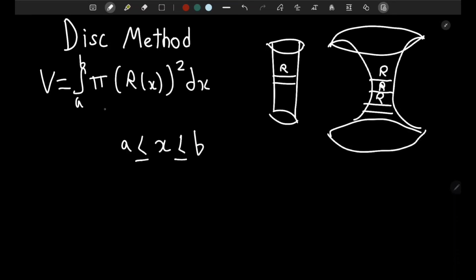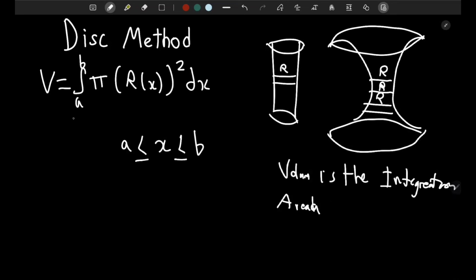Another important thing you would notice here is that the formula for the area of a circle is pi r squared, right? And here, what have we done? It is pi r squared, but we are integrating it, since volume is the integration of area, basically.